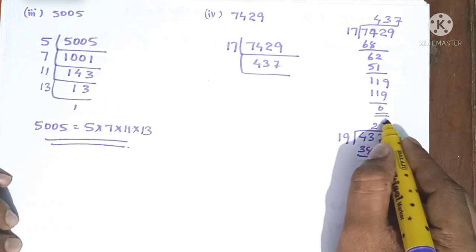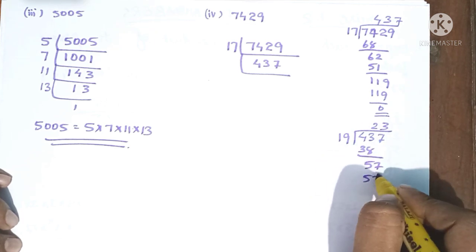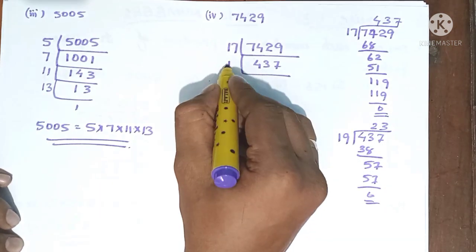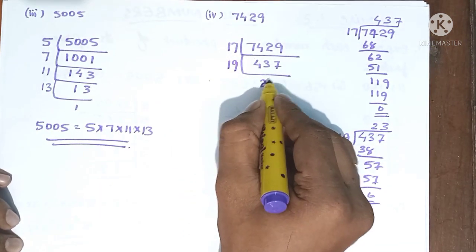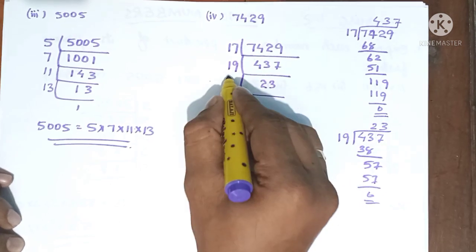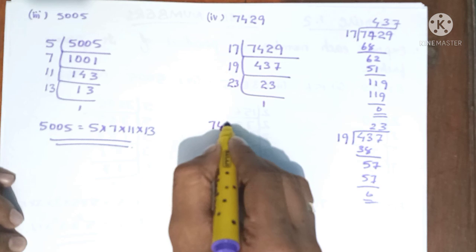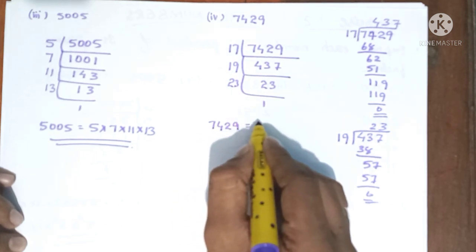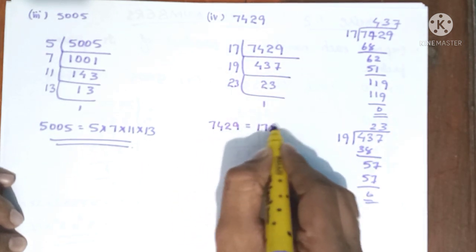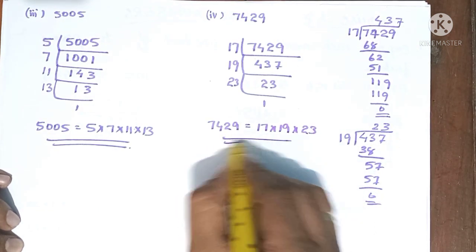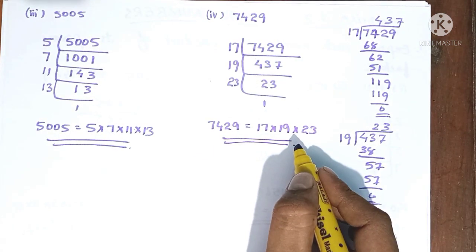Yes, possible. 3 into 19 is 57. So we can write 19, and we get 23 here. 23 and 1. So 7429 can be written as 17 into 19 into 23. So this is our solution. Okay.